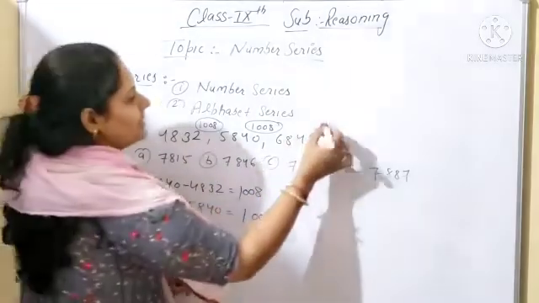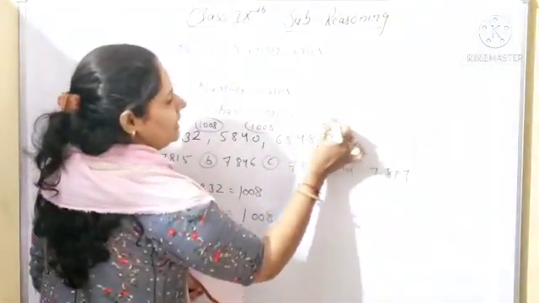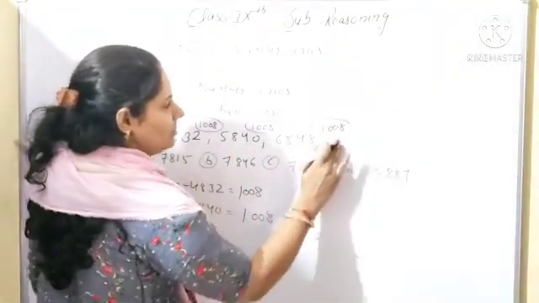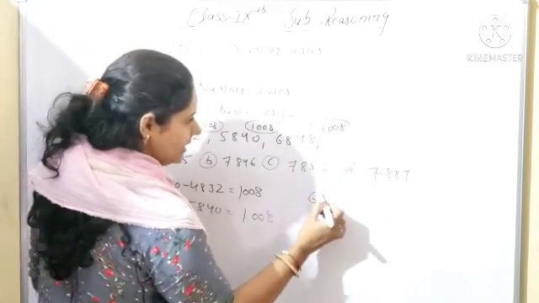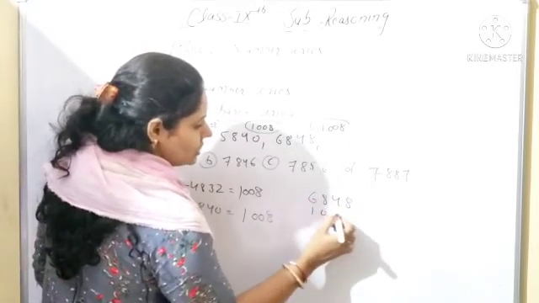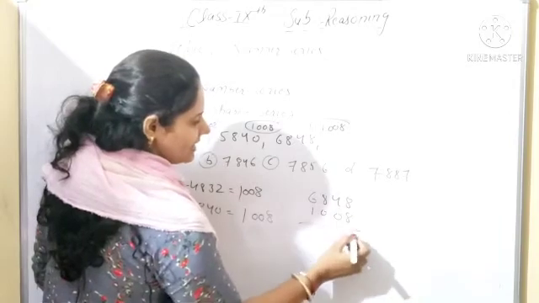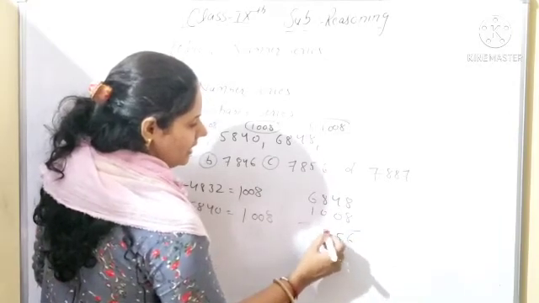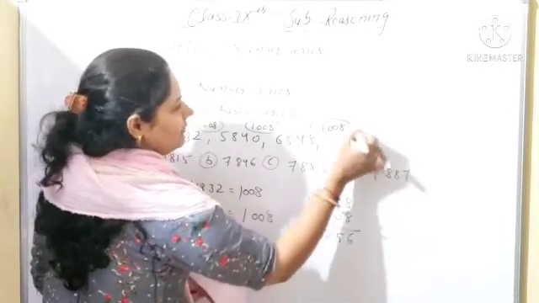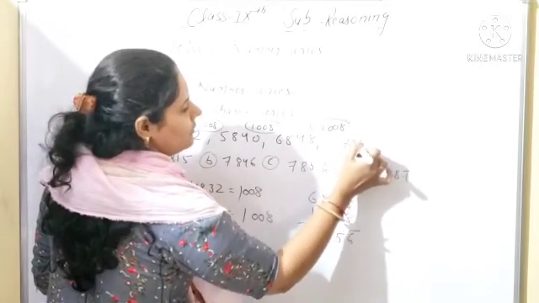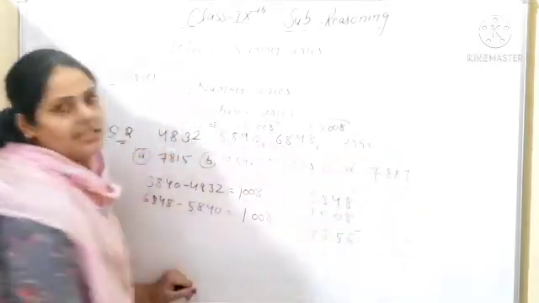So in 6848, when you add 1008, what will you get? So simply you can say 6848 plus 1008. So you will get 8 plus 8, 16, 5, 8 and 7. The next number will be 7856. Is it clear?